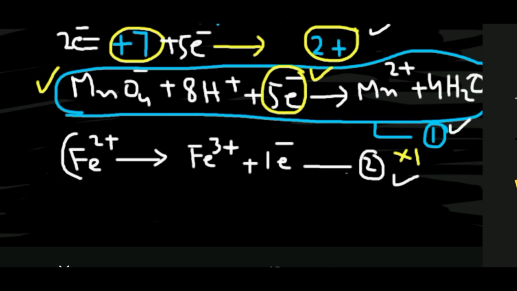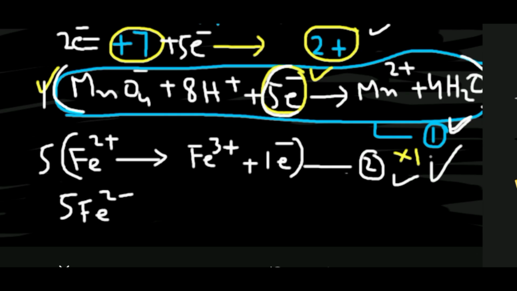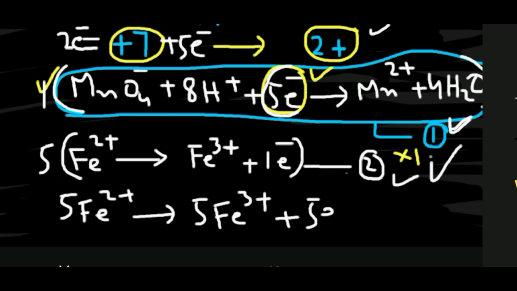We multiply equation 1 by 1, and we will get the same equation. But if we multiply equation number 2 by 5, we will get 5Fe2+ giving 5Fe3+ plus 5 electrons. So this is equation number 3.